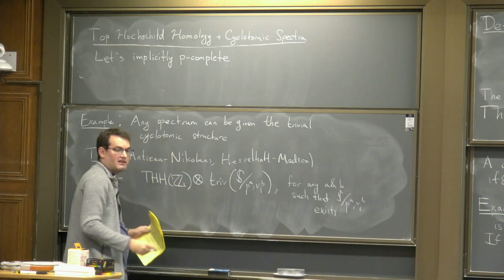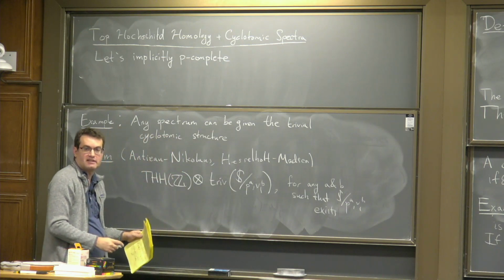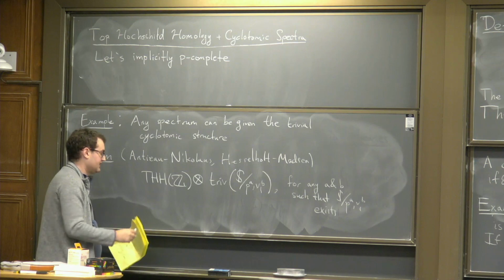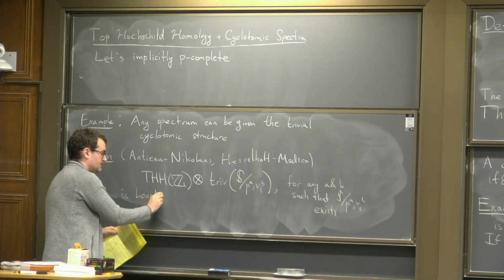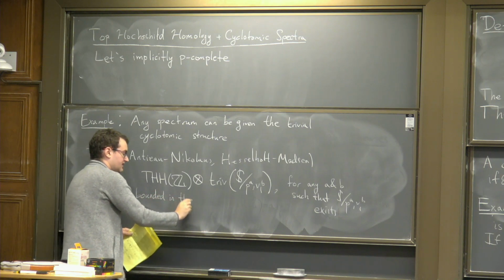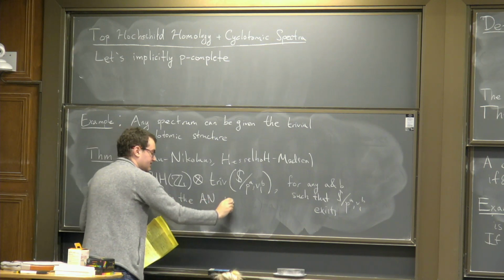So if I take that tensor product, again remembering that cyclotomic spectra form a symmetric monoidal category, this is bounded in the Antieau-Nikolaus cyclotomic t-structure.